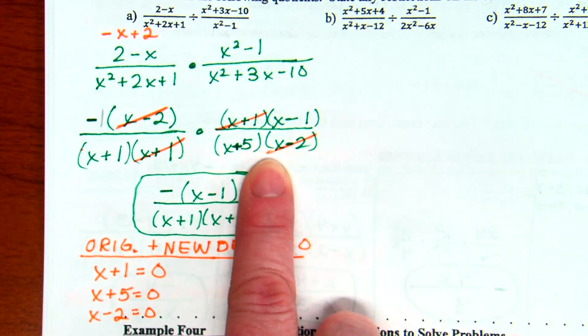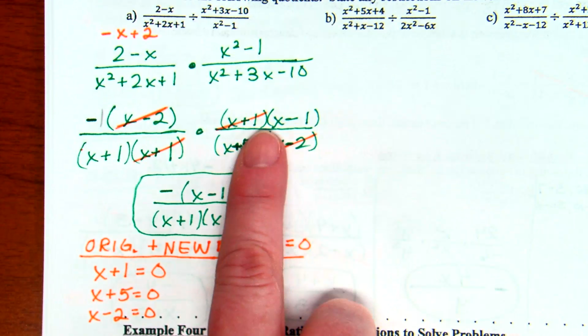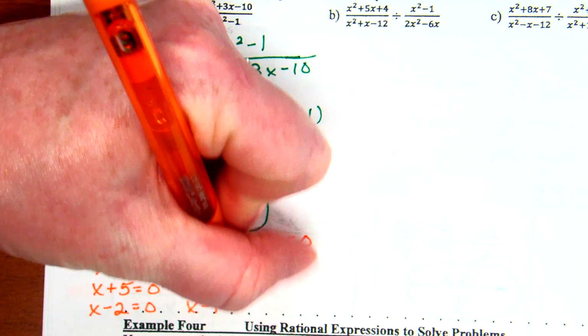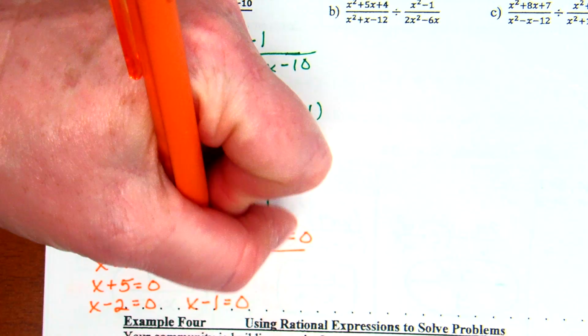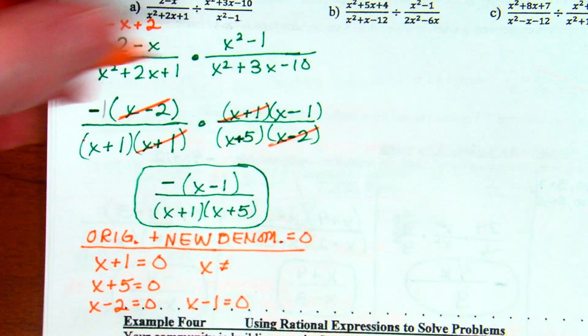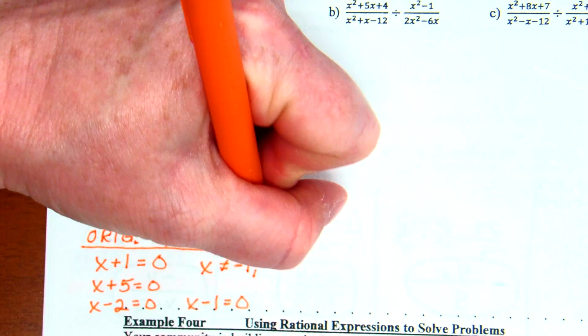And what was in the denominator before we flipped it? X plus 1 and x minus 1, which I already have x plus 1, don't I? So I just really need to set x minus 1 equal to 0. So you might have a few added restrictions with division. So x cannot equal what? Negative 1, negative 5, 2, positive 1.